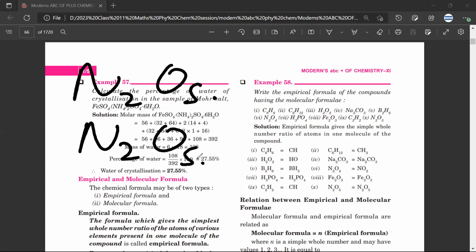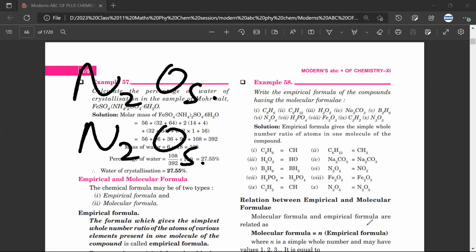Now I want to tell you something, and you'll have to keep this in mind when you are doing questions regarding this, the somewhat complicated questions regarding empirical and molecular formula.